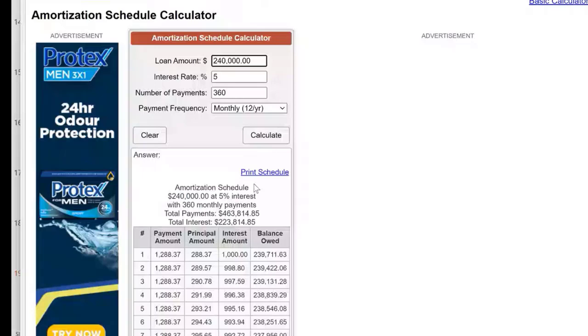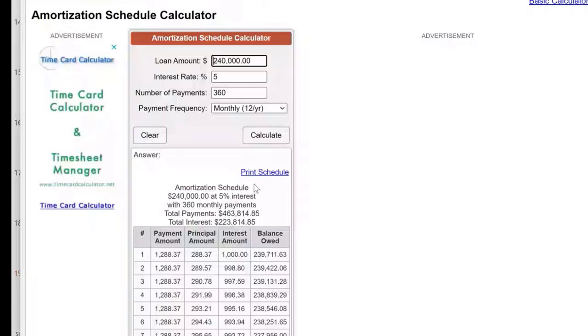Here they displayed the payment, principal amount, interest, and then the balance owed. They don't show the outstanding at the beginning, but you can just write it on the side.